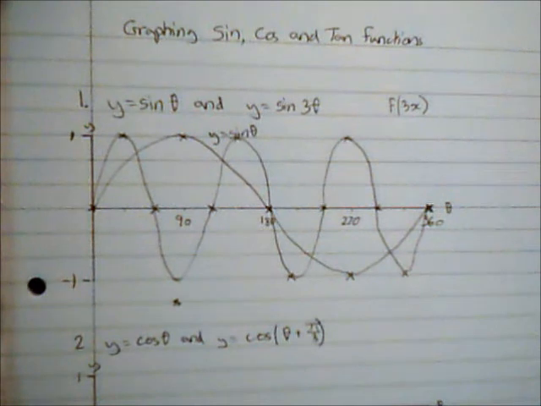It's not a great sketch, but it's got all the key features that we need there. It's got the intersections at the right place. It's got the peaks and the troughs in the right place. So you can see it's got the same general pattern, it just appears to be squashed up.